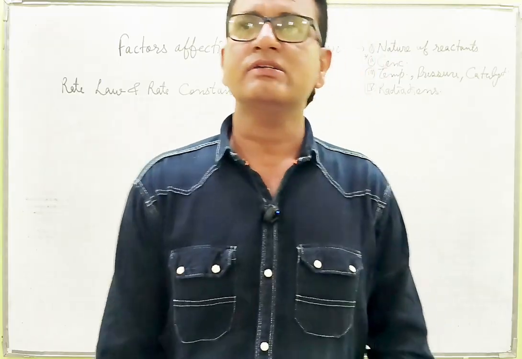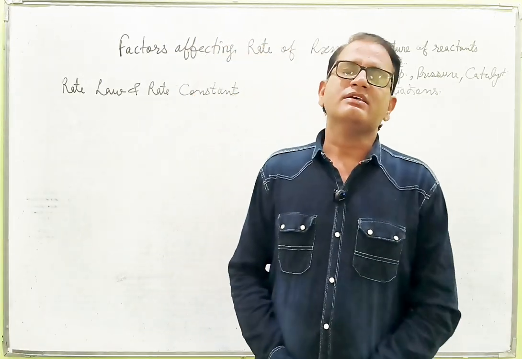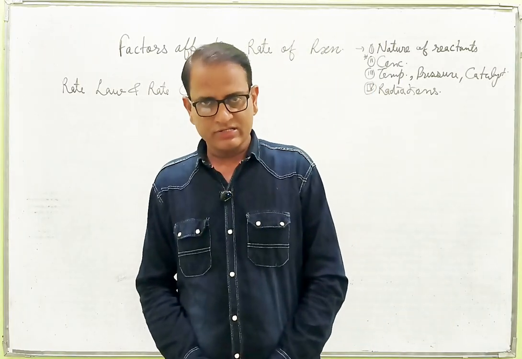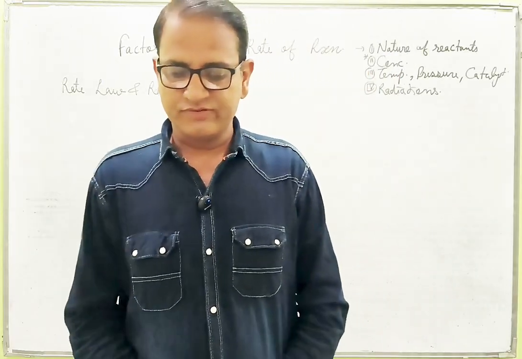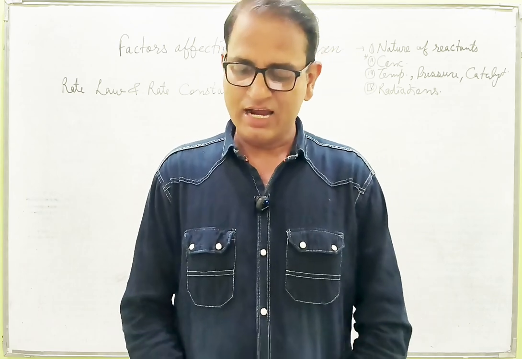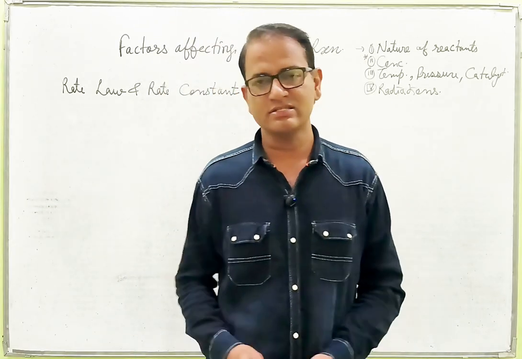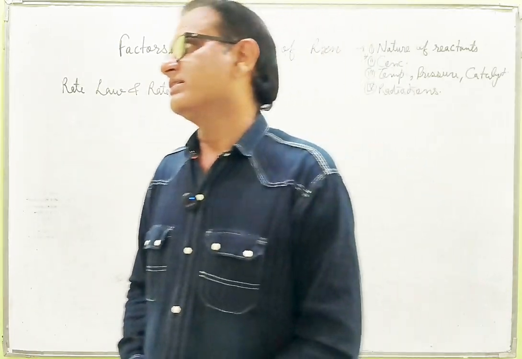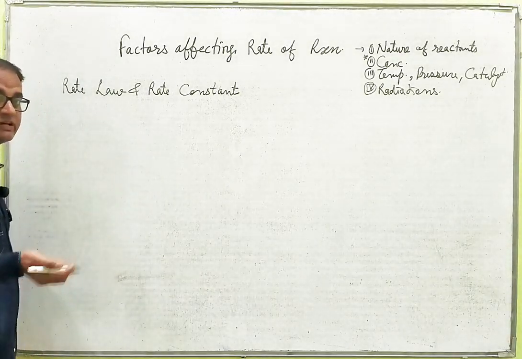So, rate law is what? Rate law is a relationship between rate of reaction and concentration of reacting species. Okay. So, how is it defined? The representation of rate in terms of concentration of reactant is known as rate law, or we can say rate equation. So, how is rate dependent upon concentration of reacting species?